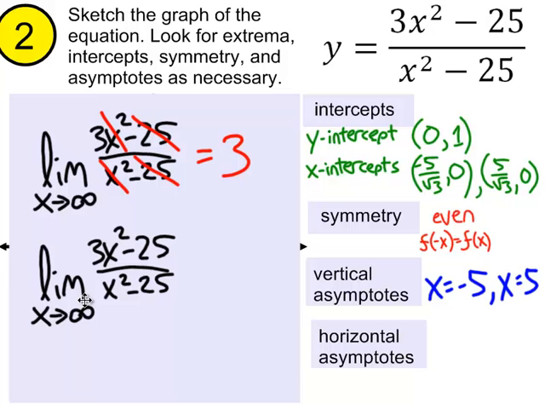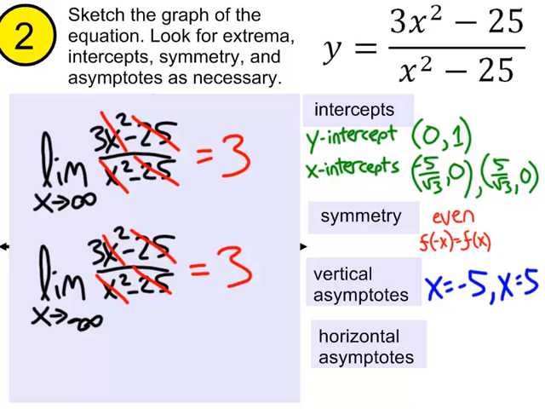And similarly, if I do the limit as x approaches negative infinity, I would get the same result. The same reasoning would occur. Cross out those constants. 3x squared over x squared will still give us a limit of 3, positive 3.